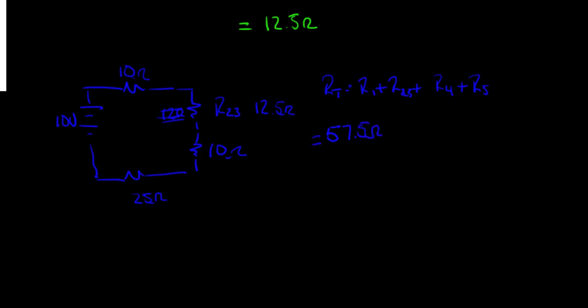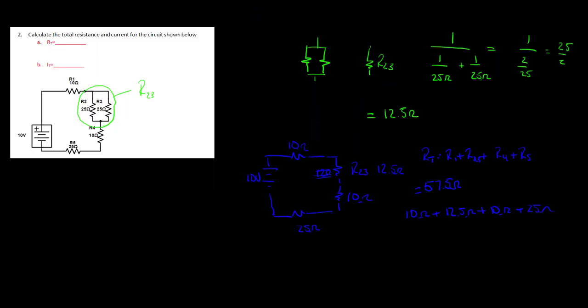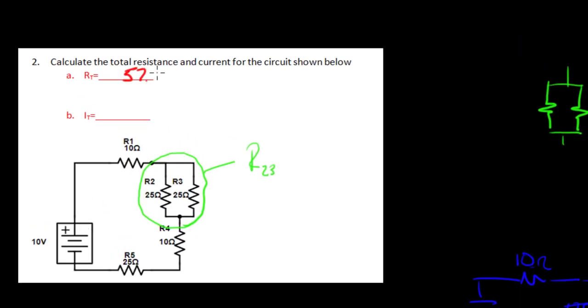And that is just 10 ohms plus 12.5 ohms plus 10 ohms plus 25 ohms. Okay, so that's our first answer here. Let me put that in red for you. So this ends up being 57.5 ohms.